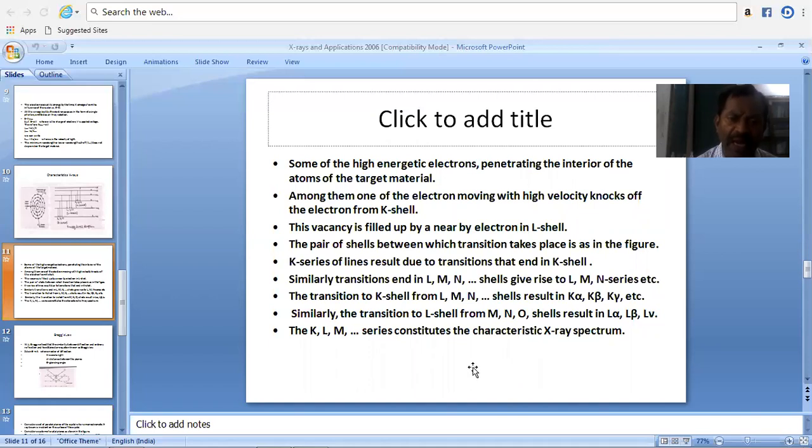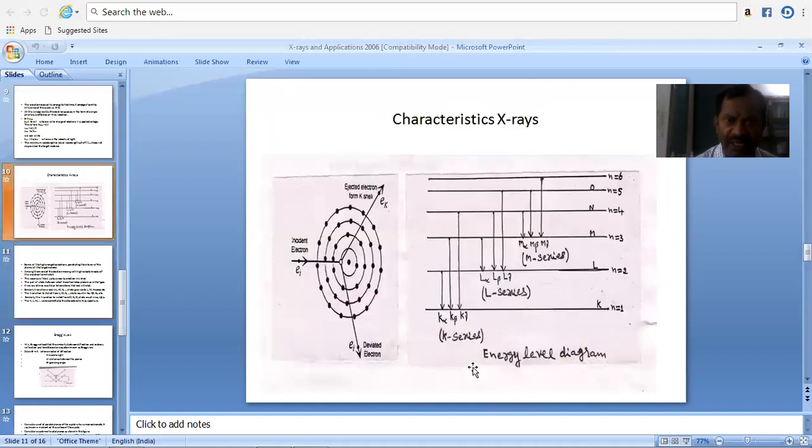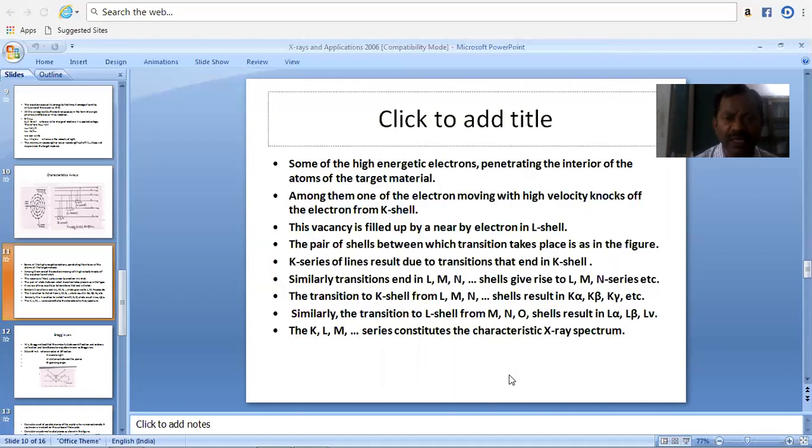The K, L, M, and so on series constitute the characteristic X-ray spectrum. This K series, L series, M series, these constitute the characteristic X-ray spectrum.